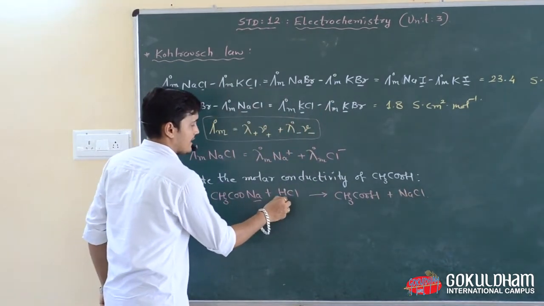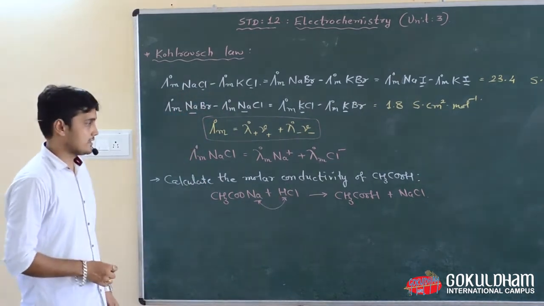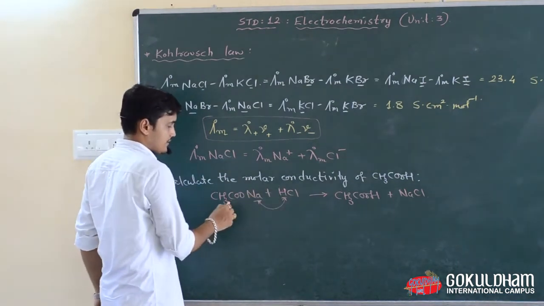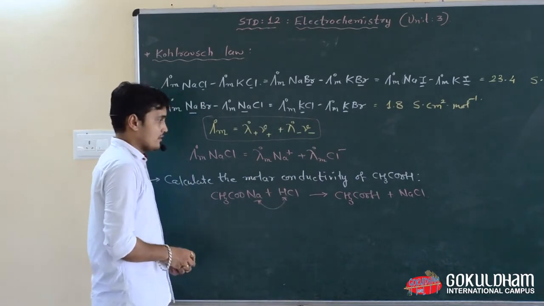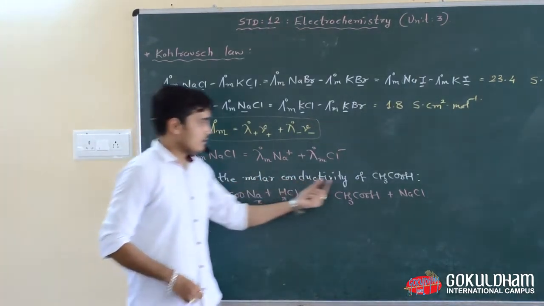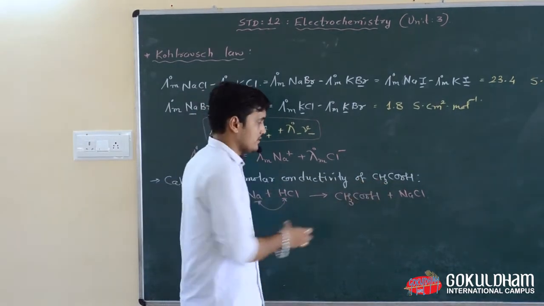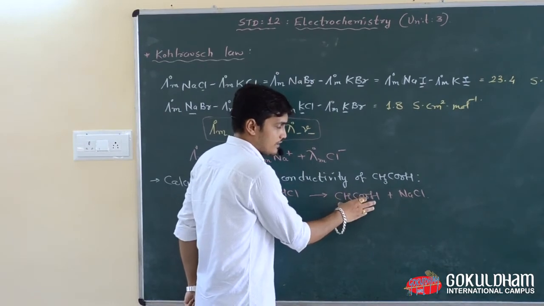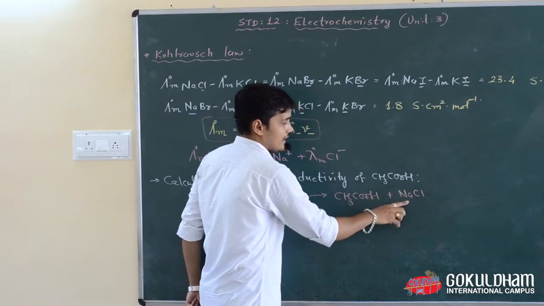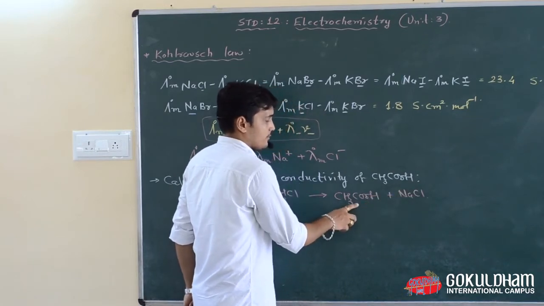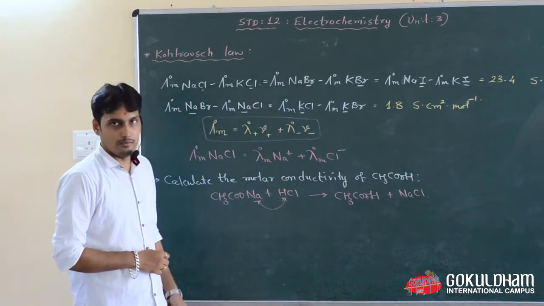This Na and this H both undergo a replacement reaction. This H is attached with the acetate ion and this Na is attached with the Cl minus ion. So in our case we want the acetic acid molar conductivity. It means we want this CH3COOH. This NaCl is the byproduct, so you have to subtract this product to know the molar conductivity of CH3COOH.